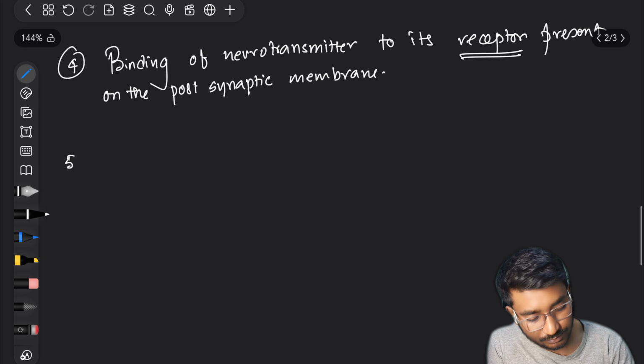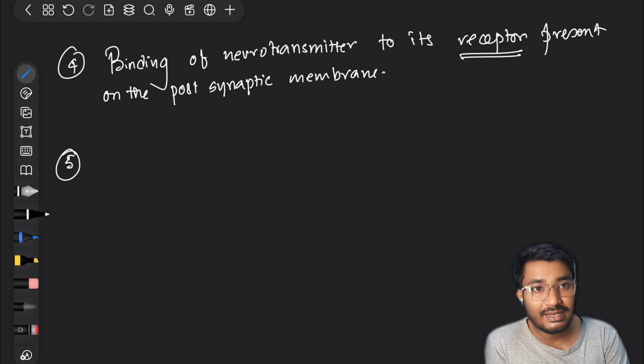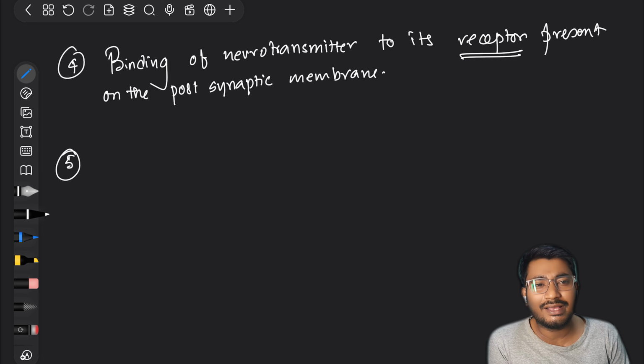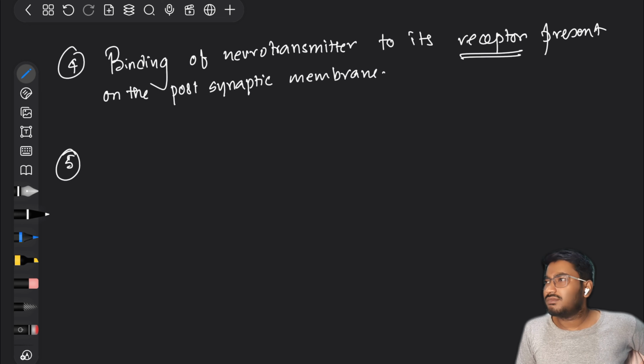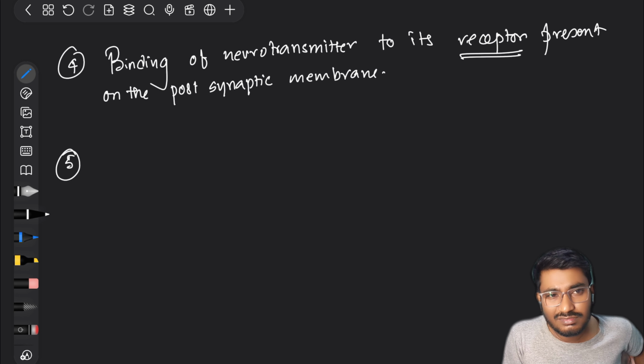The fifth point: how does the chemical synapse happen? These are the points you have to remember. Not just for the examination, but you have to clear your concept, because it will be required in your whole medical career. Most of the doctors who are passing out in recent times don't have basic concepts.